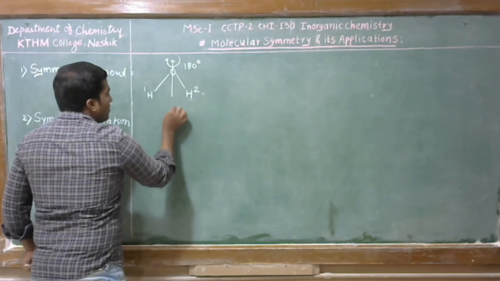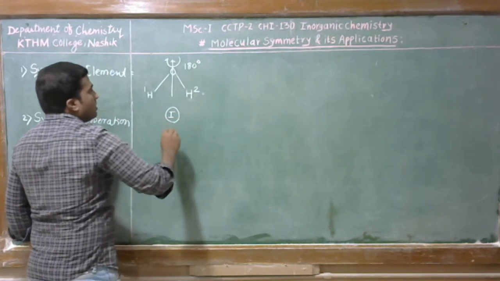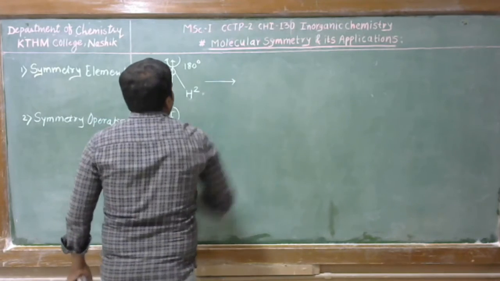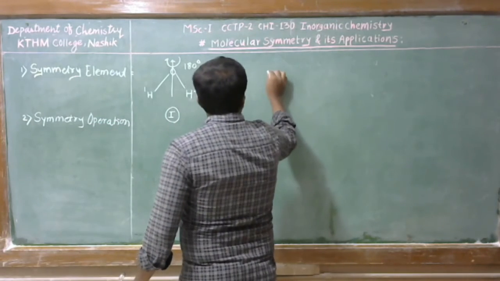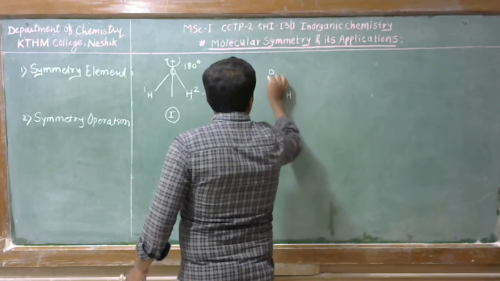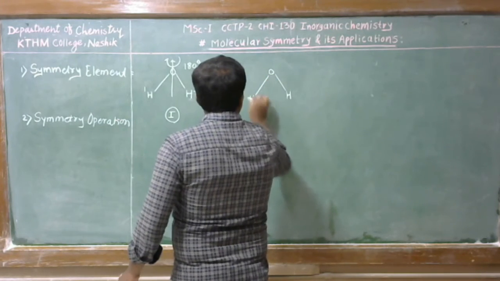Suppose this is configuration number 1. By the rotation of this molecule, we get configuration number 2: oxygen, with hydrogen and hydrogen.